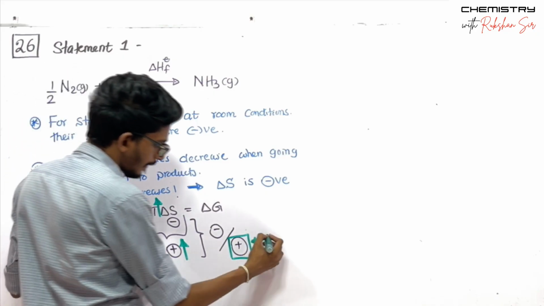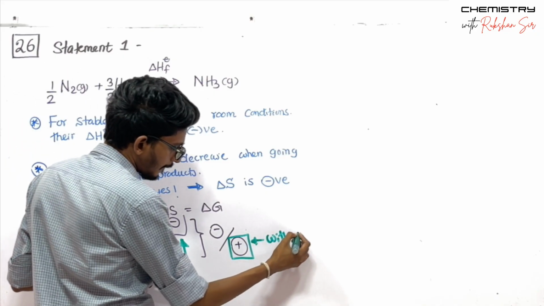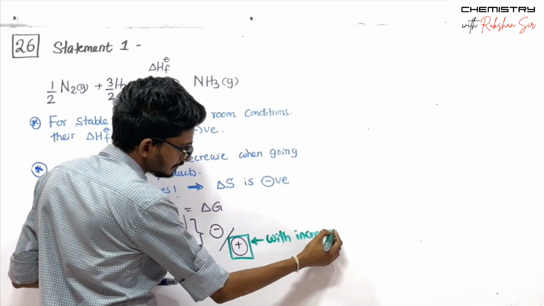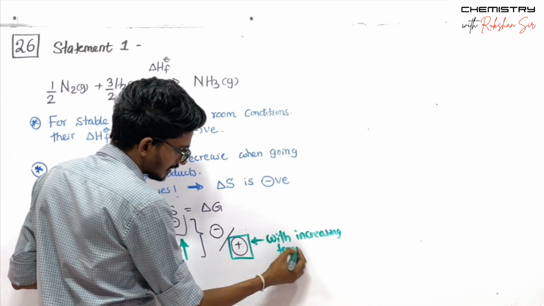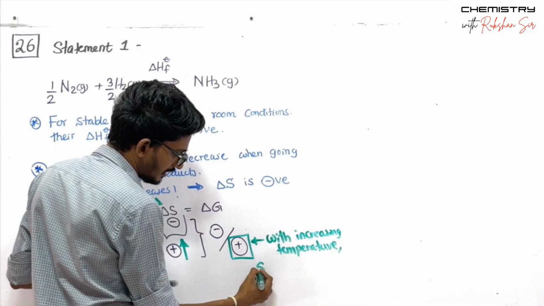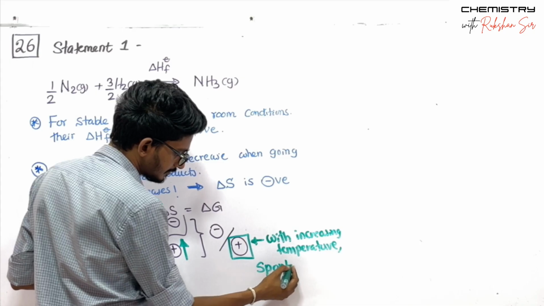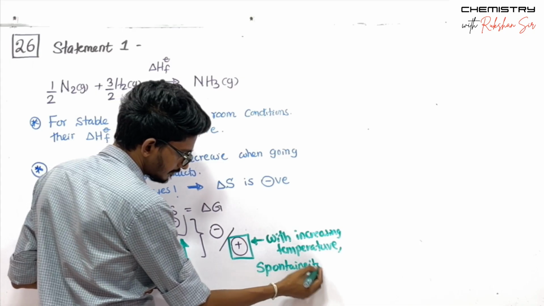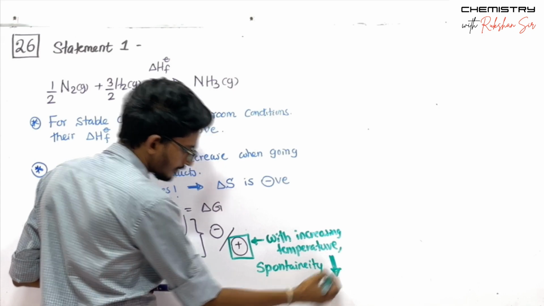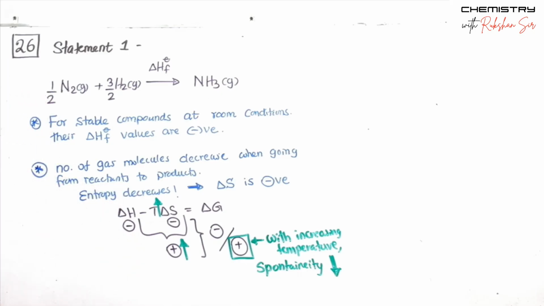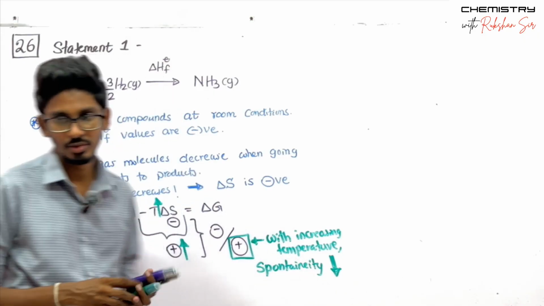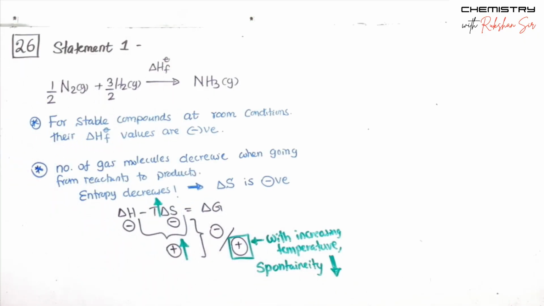With increasing temperature, spontaneity decreases. An increase in the positive nature means spontaneity decreases.